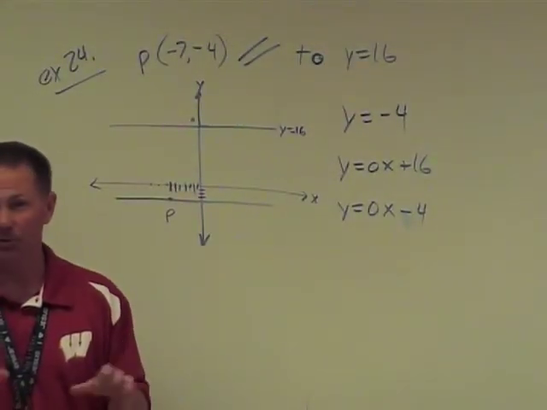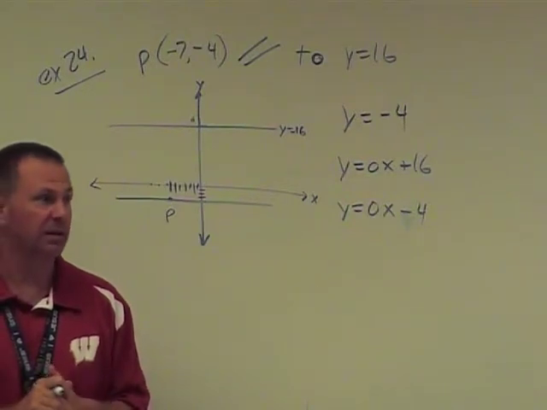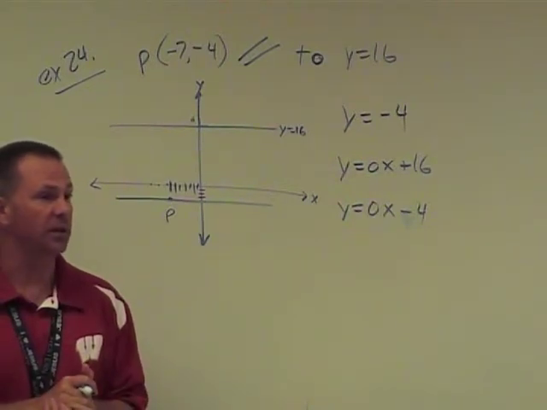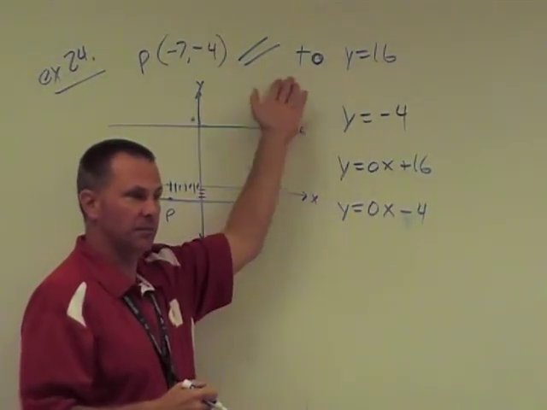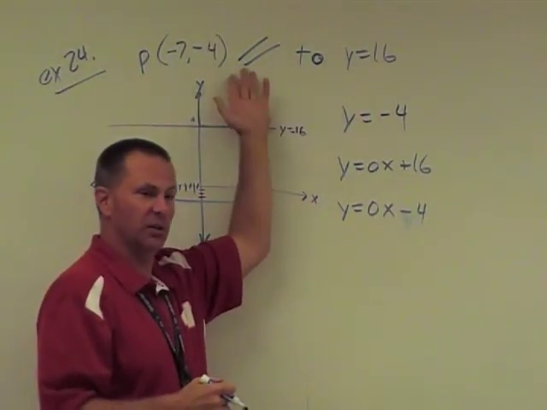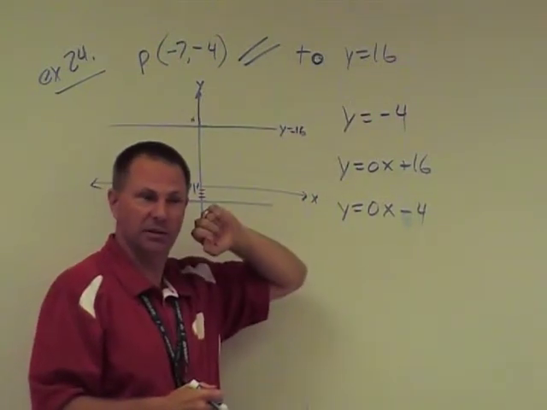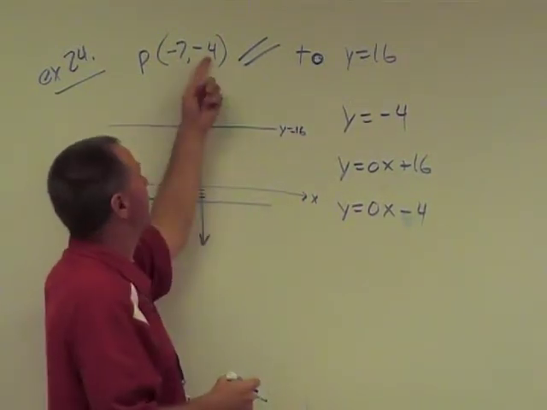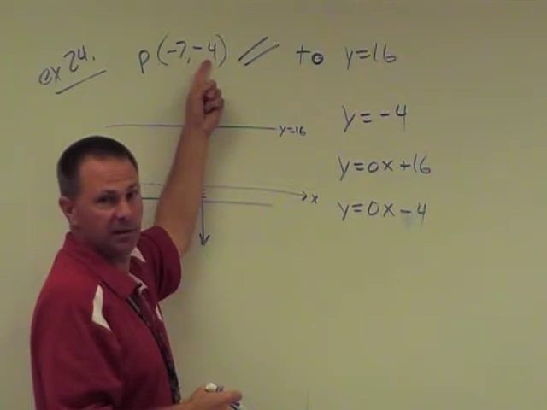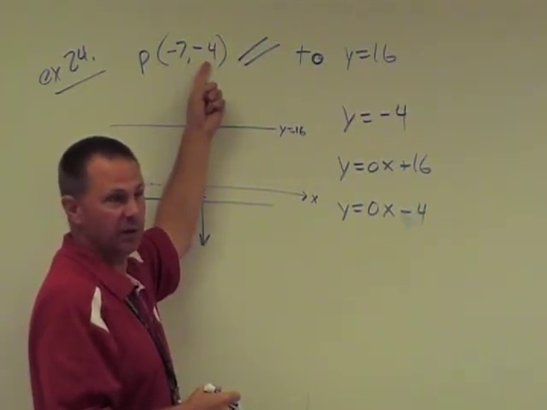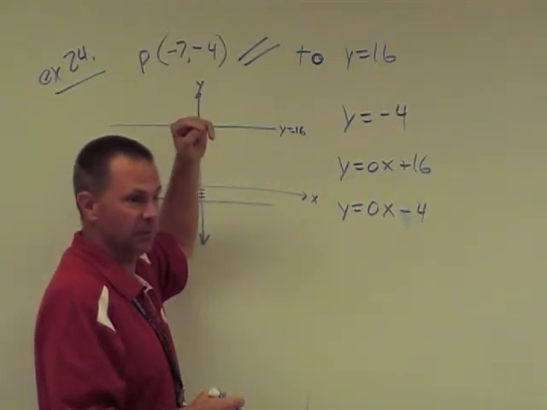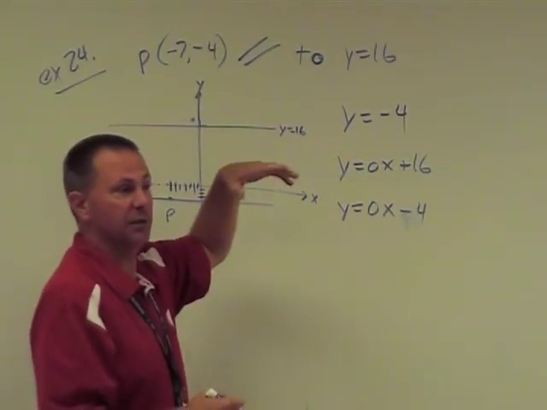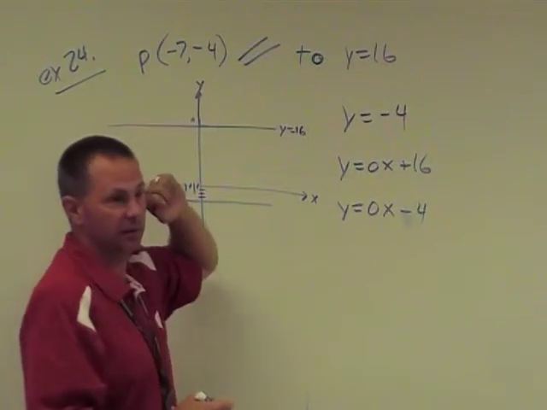So be aware of the horizontal lines and the vertical lines with the way they look as an equation. They're very simple. This was a simple question, only if you understood that y equals 16 is a horizontal line. Whatever your y value was, that's your equation, y equals -4. And if it's a vertical line, it's the x value.